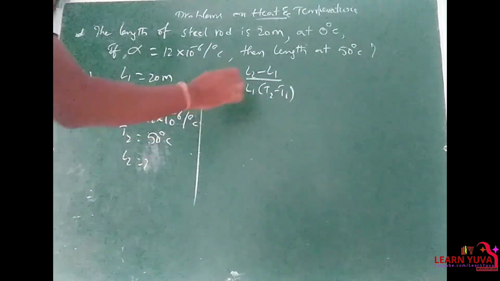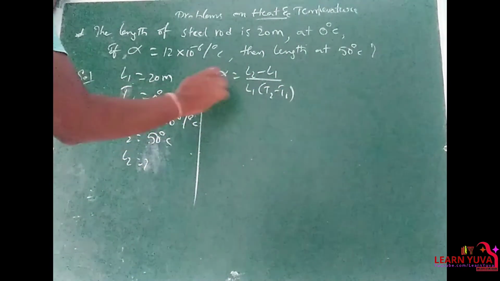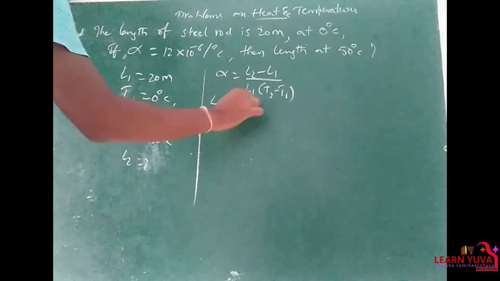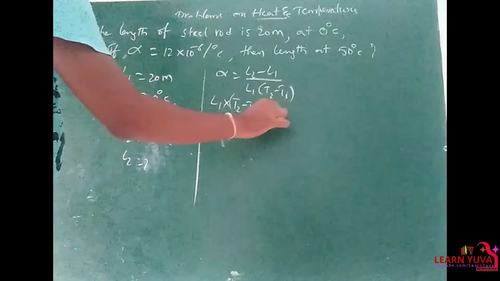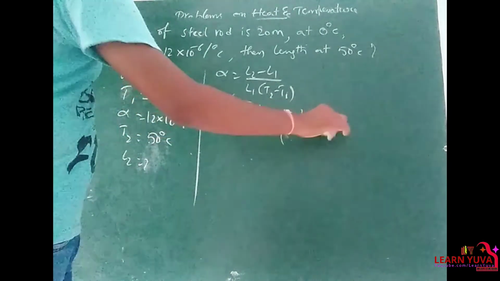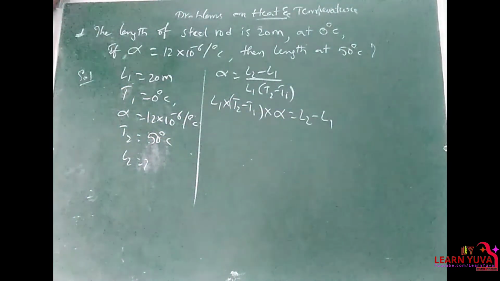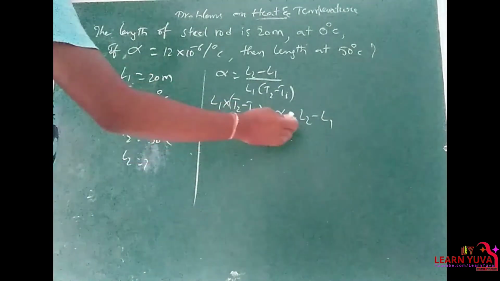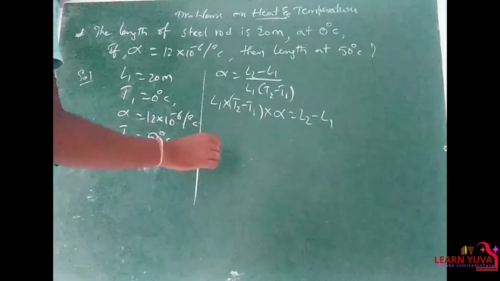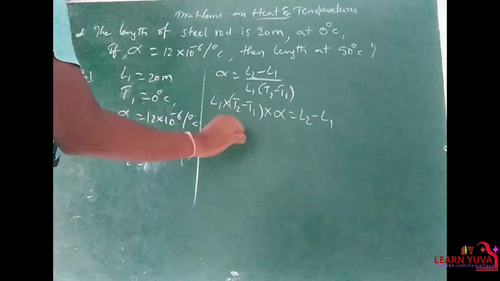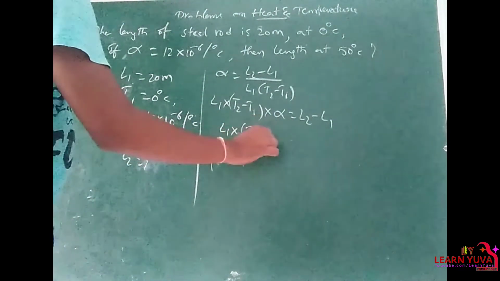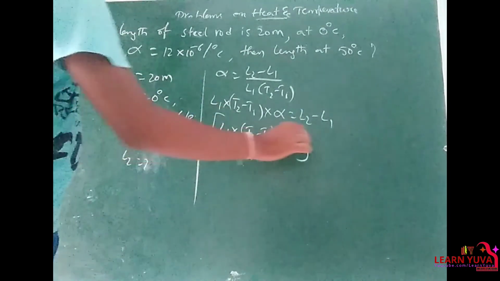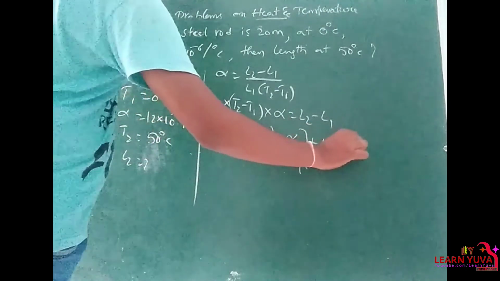So we need L2, so do the cross multiplication. L1 into T2 minus T1 into alpha is equal to L2 minus L1. Minus L1 comes to the left hand side and becomes plus L1. So L1 into T2 minus T1 into alpha plus L1 is equal to L2.